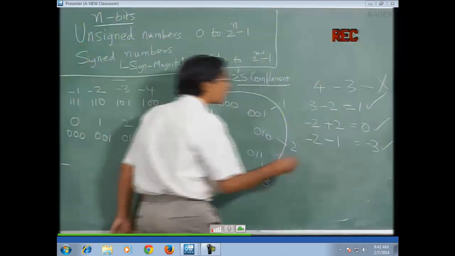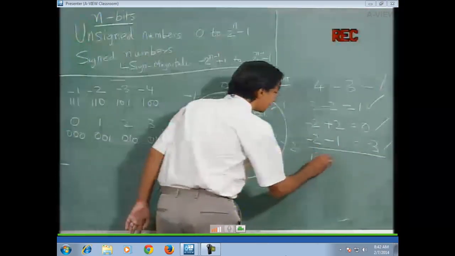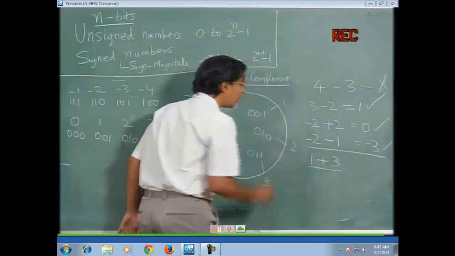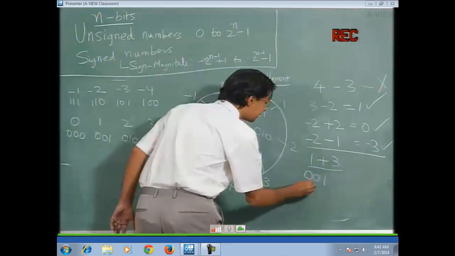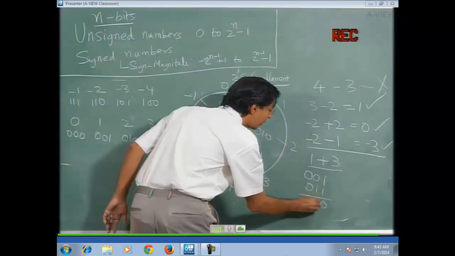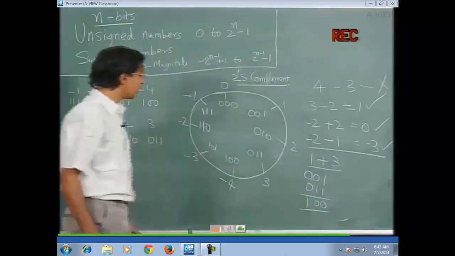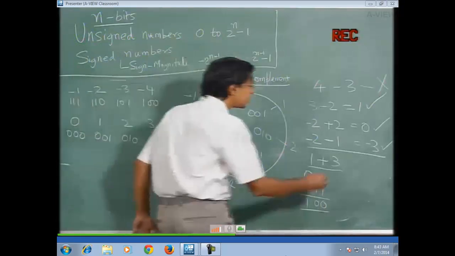Now let us take two interesting situations. Suppose I want to do 1 plus 3. What is 1? 0, 0, 1. 3 is 0, 1, 1. When I add this, 1 plus 1 is 0, 1 plus 1 is 1, I get 1, 0, 0. And note, what is 1, 0, 0? It's minus 4.